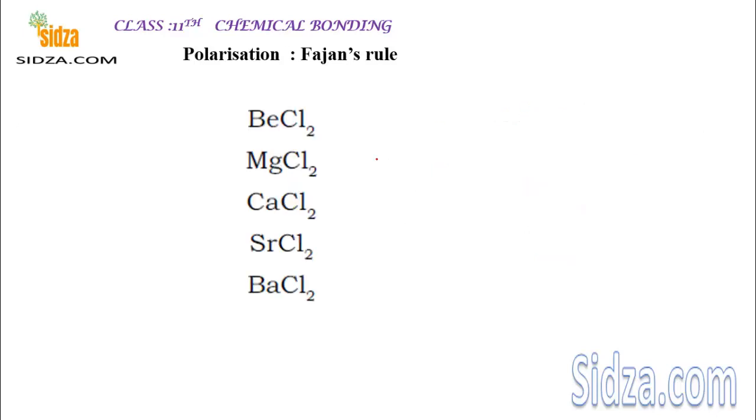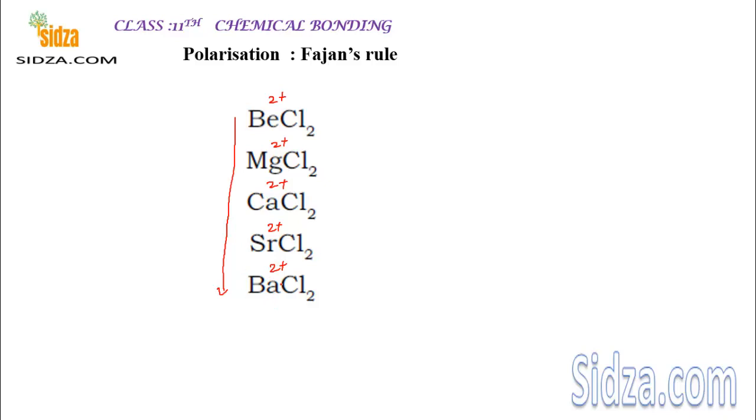So let's take certain examples. If you look at the different salts here, beryllium, magnesium, calcium, the anion is the same in every case, and the charge is also the same. Beryllium, magnesium, calcium, strontium, and barium, 2 positive. But now from beryllium to magnesium down the group, these are the second group elements, and down the group the size increases.